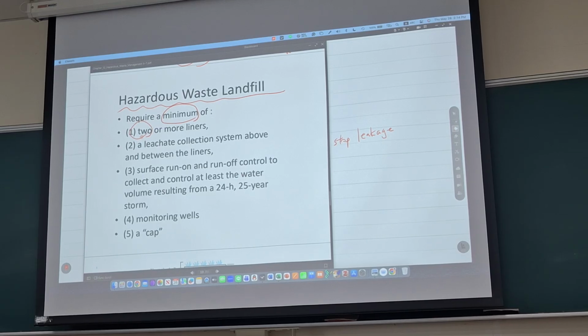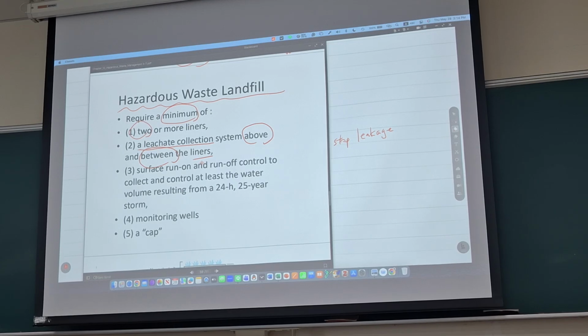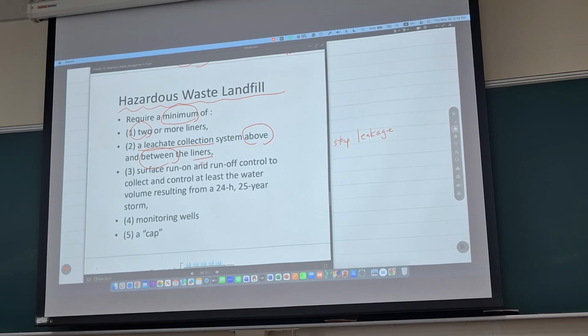Two or more liners. A leachate collection system above and also between the liners.